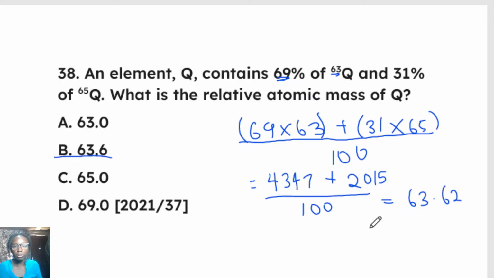That would be our relative atomic mass. So if you're given different isotopes, in this case of Q, just make sure you multiply the abundance by the mass number. Do the same thing again here, and then find the average, and you should have your relative atomic mass.